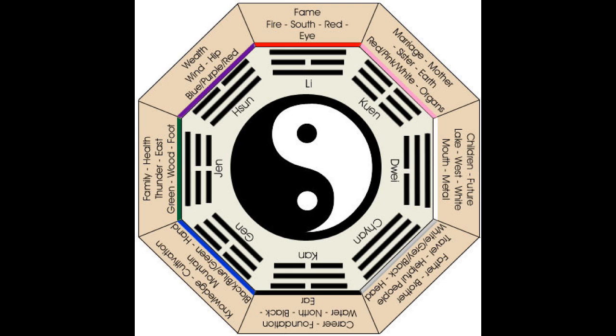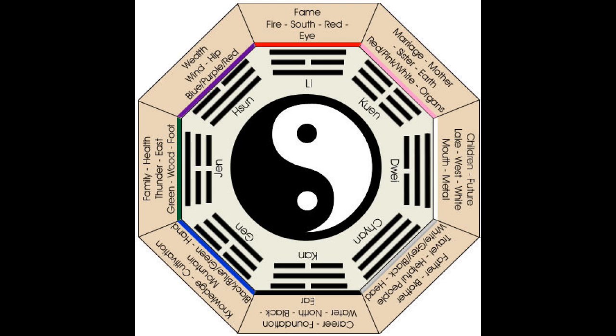Going in a clockwise direction, we come to the next section of the Bagua, the marriage, mother, sister section. This section corresponds to the element of earth, and the compass direction is southwest, and the colors of this section are red, pink, and white. The body part associated with this section is the belly organs.